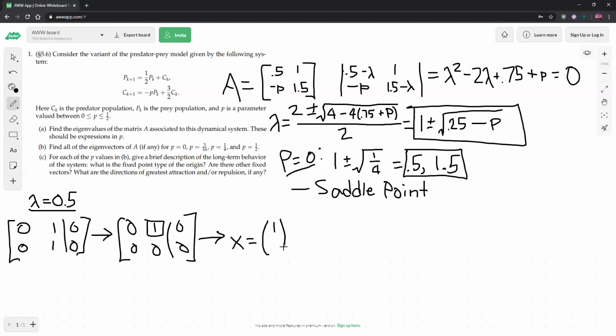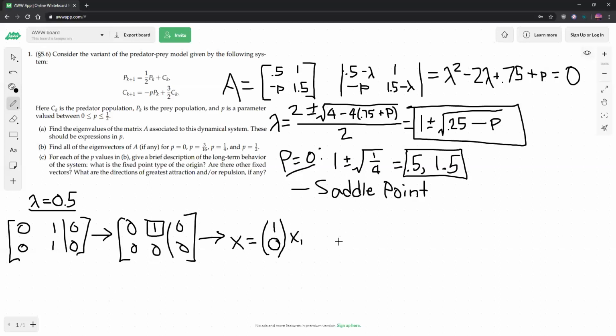But x2 is actually a basic variable. It's defined as x2 equals 0. So actually, all we need for this is just that x1 term. That is it. x2 is 0. So we can just write the 0 there, and this is our solution, which means our eigenvector is 1, 0.